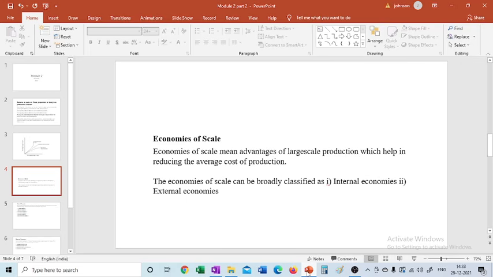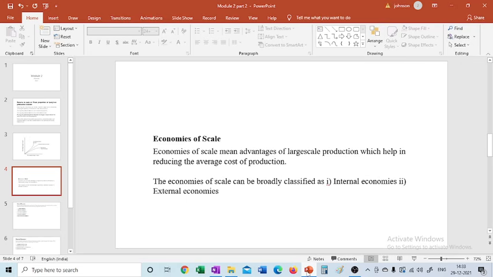Actually, increasing and decreasing returns to scale operate because of economies of scale and diseconomies of scale. Because of this only, we are getting increasing and decreasing returns to scale.